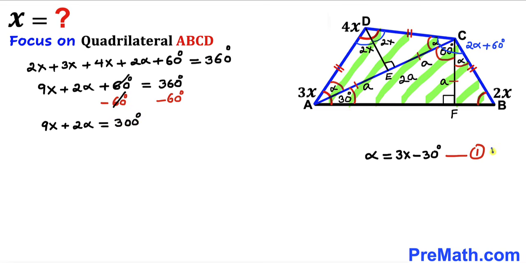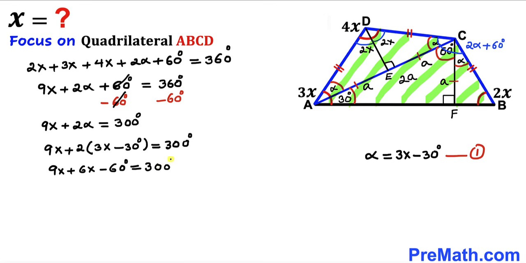Now let's focus on equation 1. We know our alpha value is 3x minus 30 degrees. So I'm going to substitute that value over here, 3x minus 30 degrees, and now we are going to distribute. So we can write 9x plus 6x minus 60 degrees equal to 300 degrees.